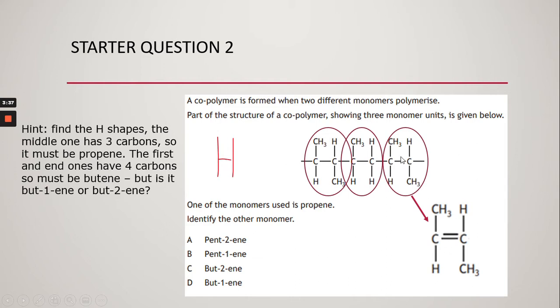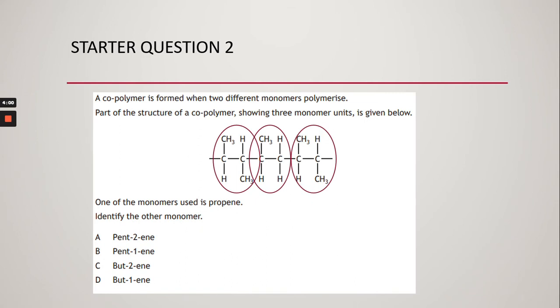So you can think of this as coming from the monomer that looks like this with the double bond in the middle. Then we just have to find the longest chain of carbon atoms, 1, 2, 3, 4, or 1, 2, 3, 4, it doesn't matter. Either way, the double bond is between carbon number 2 and 3, so we would call it but-2-ene. So that's the answer to that one.